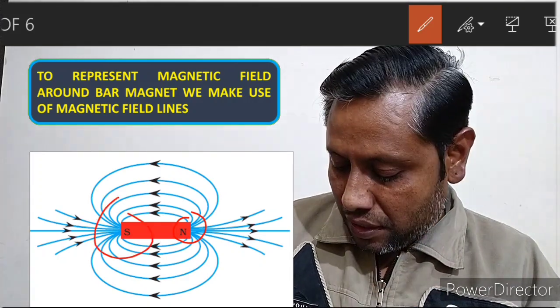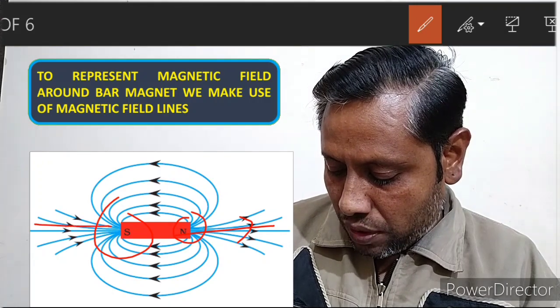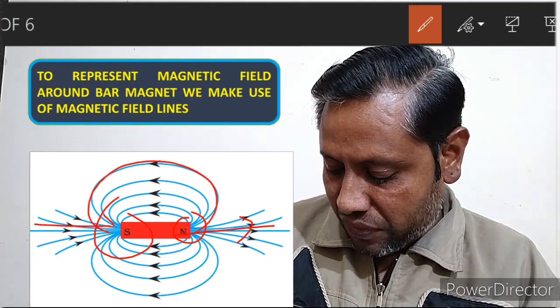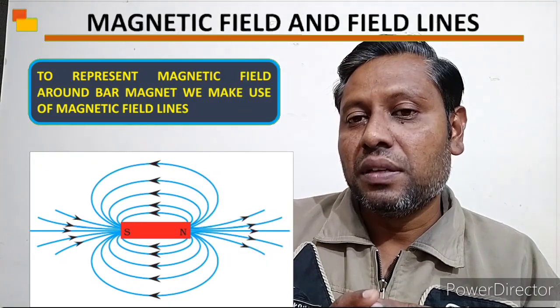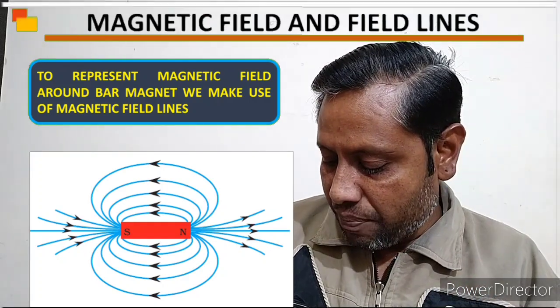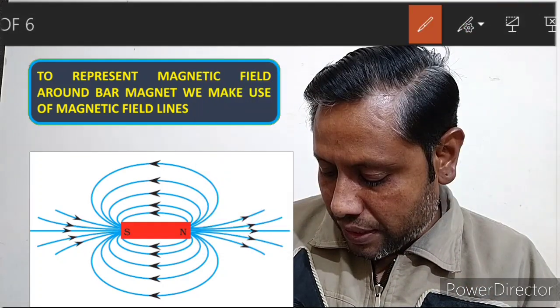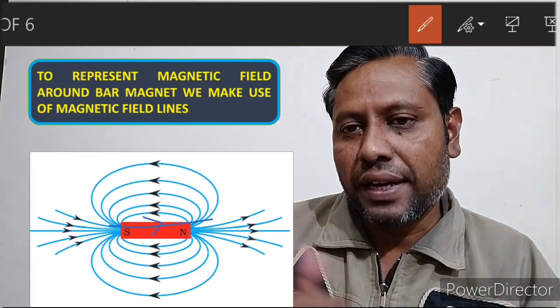Field lines come out from the North Pole and reach the South Pole. But remember one thing, the magnetic field lines are not discontinuous. Inside the magnet, the field lines will go from south to north, as I have drawn just there.